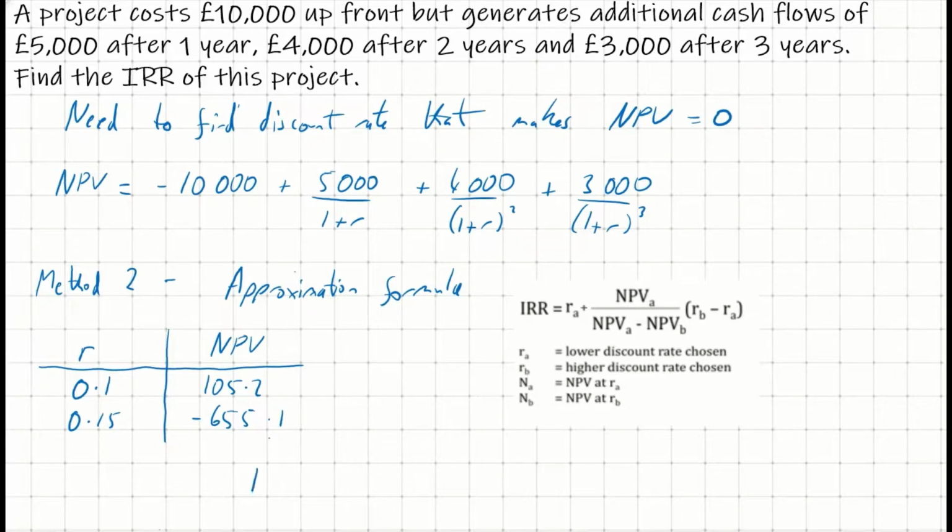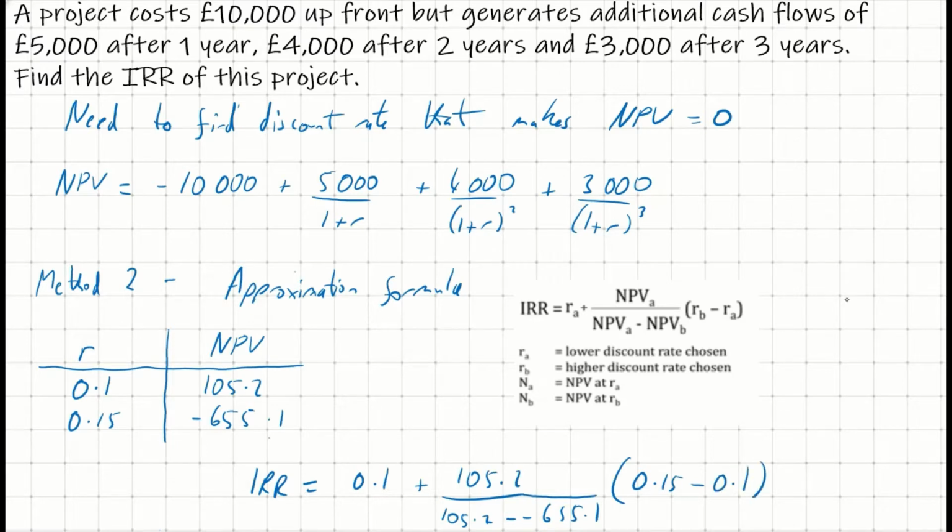So IRR is equal to R A, which is our lower discount rate, 0.1, plus the NPV at the lower rate, that's 105.2, divided by the NPV at the lower rate, 105.2, minus the NPV at the higher rate, that's minus 655.1, then multiplied by our higher discount rate, 0.15, minus our lower discount rate, 0.1.